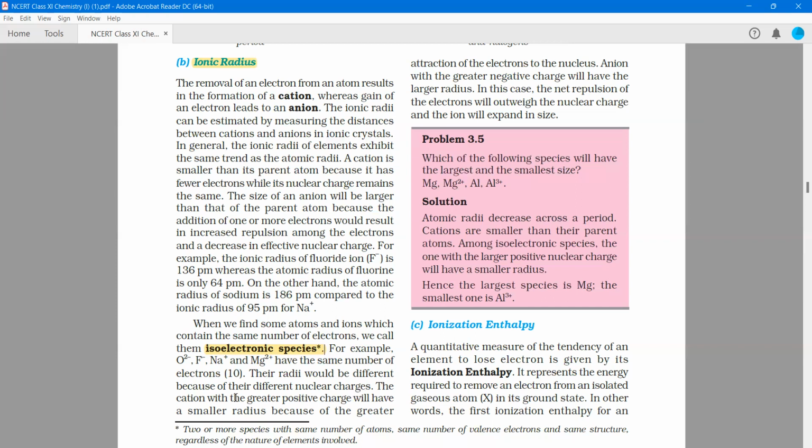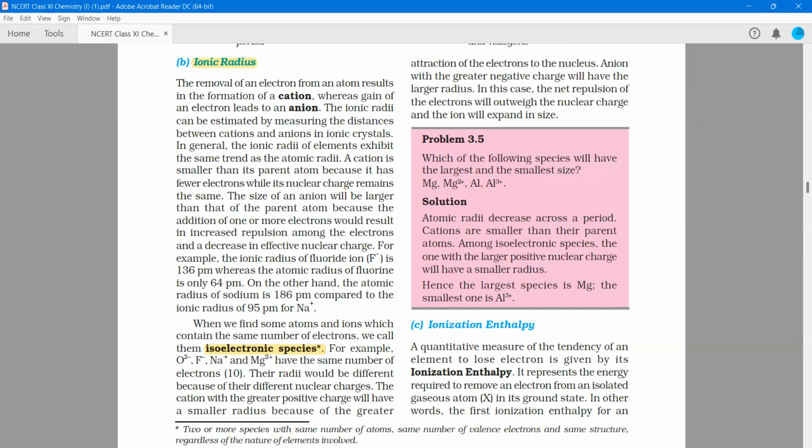But the answer is no, because the size of any element does not only depend upon the number of electrons in it, but also upon the nuclear charge. You can see that all of these have different nuclear charges, so hence their radii will be different.